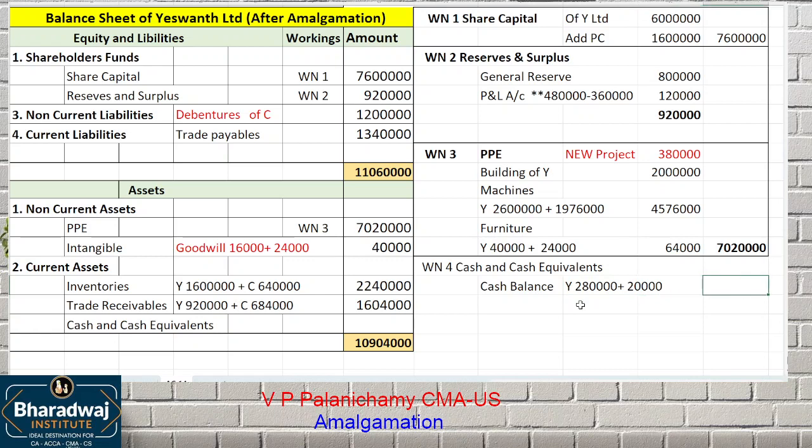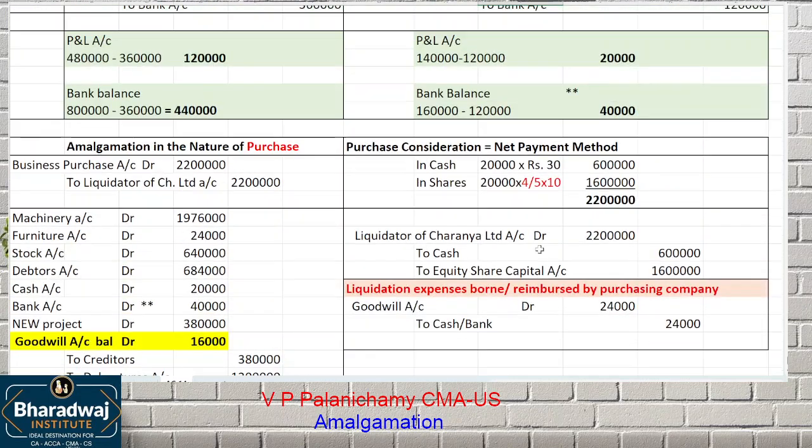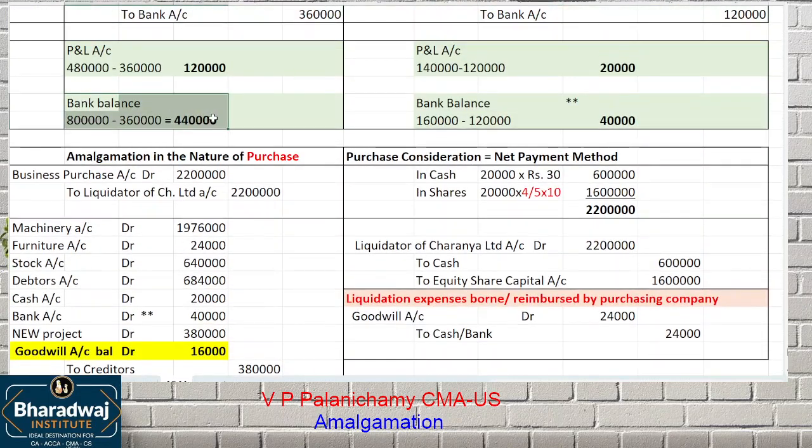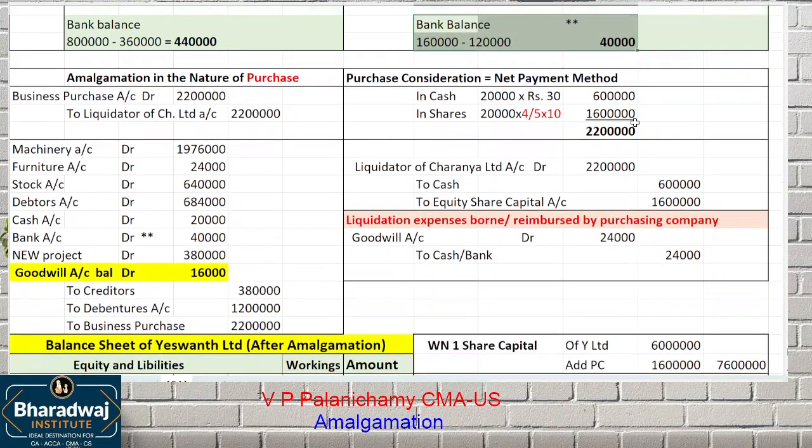Total. Cash balance we are not adjusting. Bank balance. Yashwant Limited after payment of dividend 4,40,000 plus Charanya Limited after payment of dividend 40,000. We have done the working. Right? Bank balance after payment of dividend 4,40,000 and 40,000.